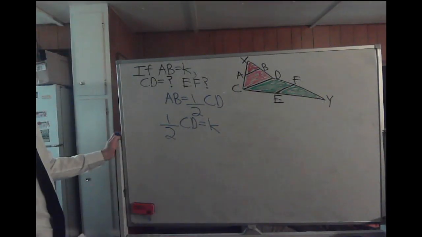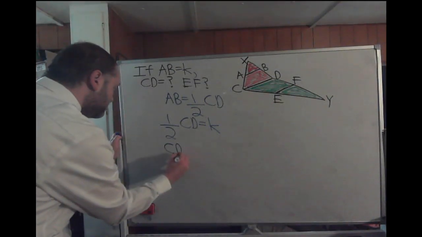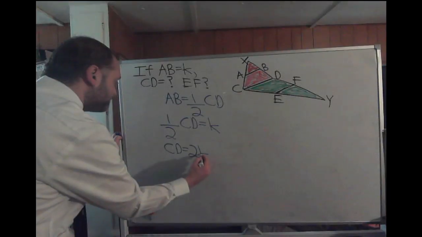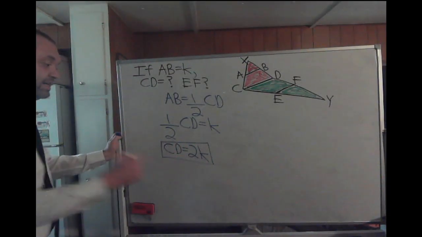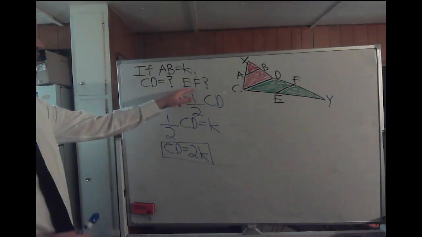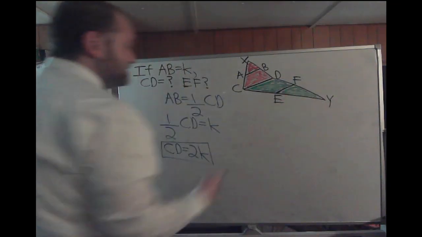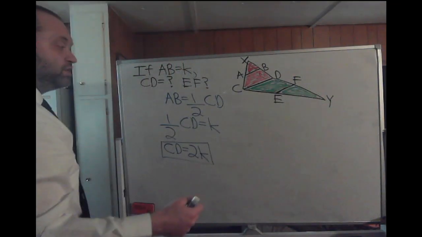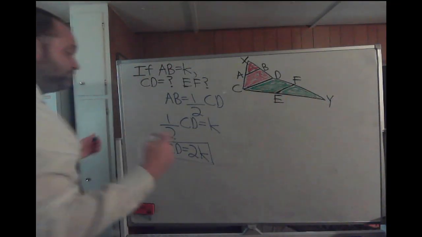If we want to solve for CD, we just multiply both sides by 2. You would get that CD equals 2K. So now all that's left to do is solve for EF. It's the same scenario with triangle YCD. EF contains the midpoints of YD and YC, so therefore EF is half as long as CD.